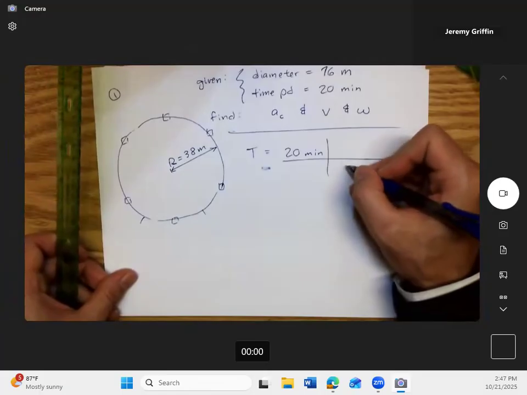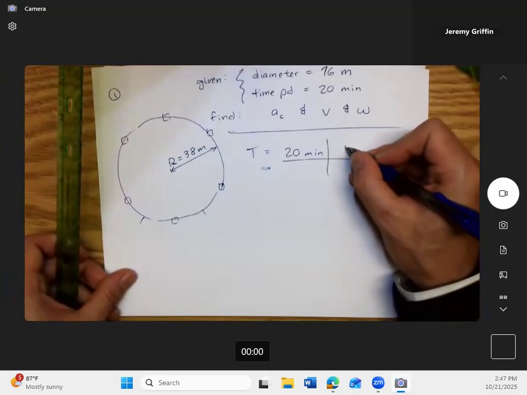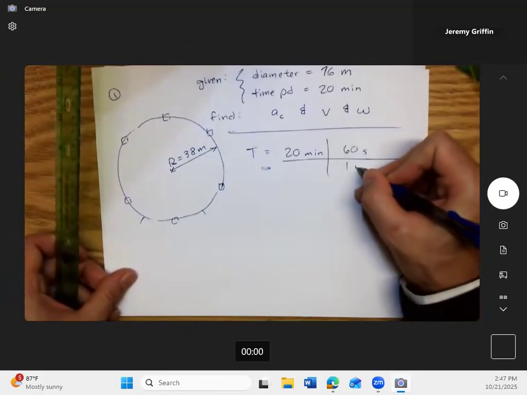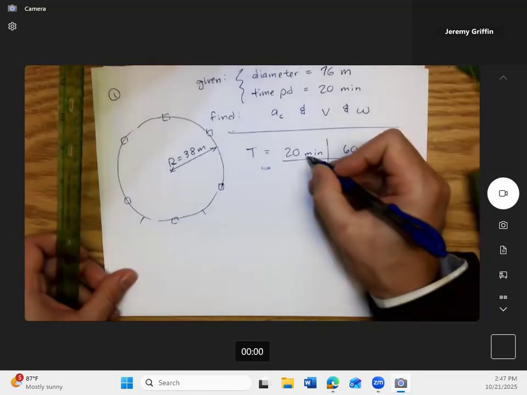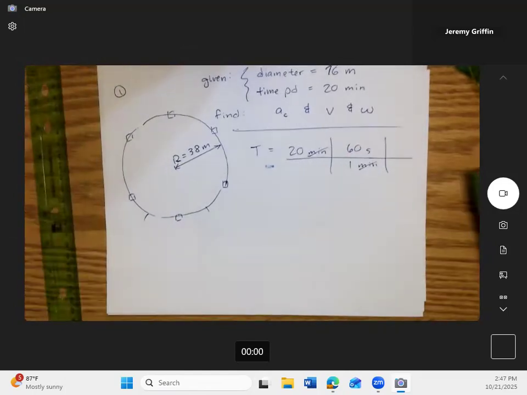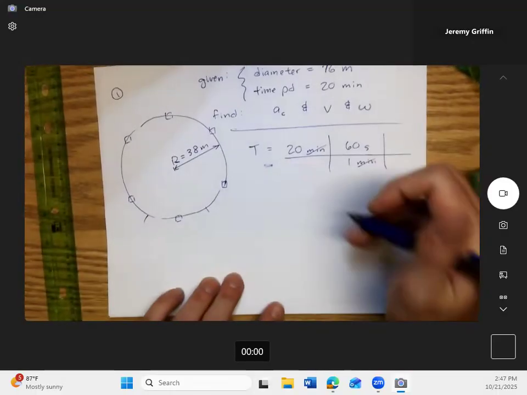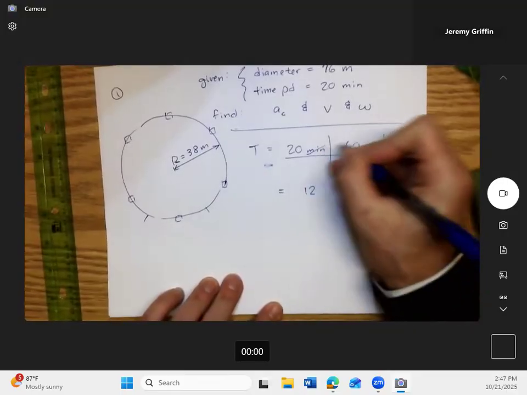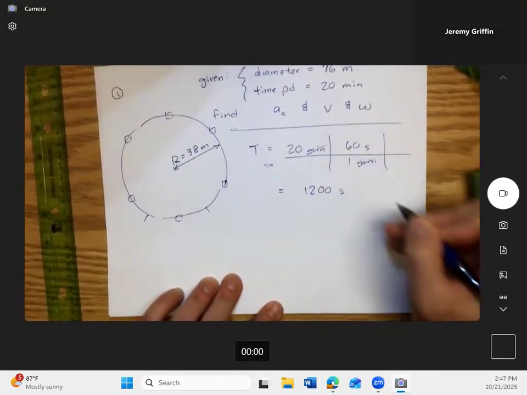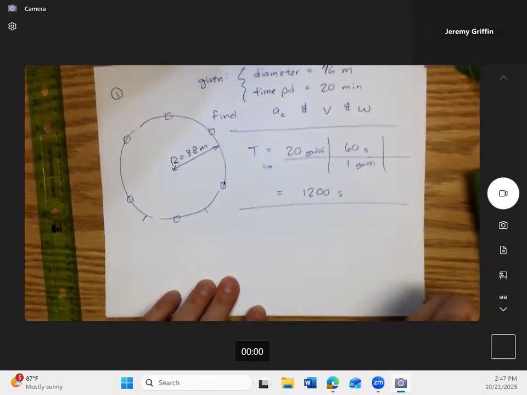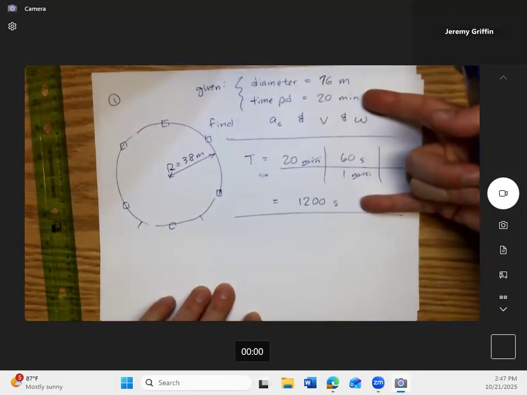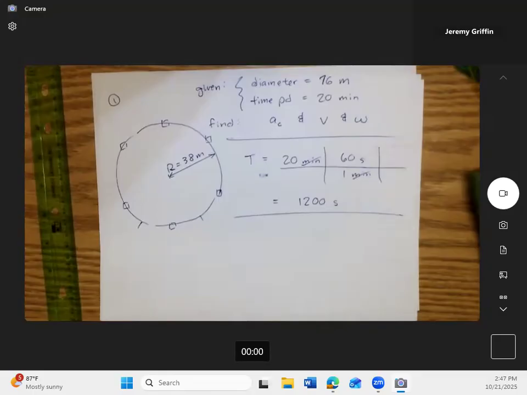Does the number 60 go top or bottom? 60 seconds and 1 minute. All right, and 2 times 6 is 12, and then 0 is 0. So the time period is that many seconds, equivalent to the time period in minutes, just in terms of seconds.